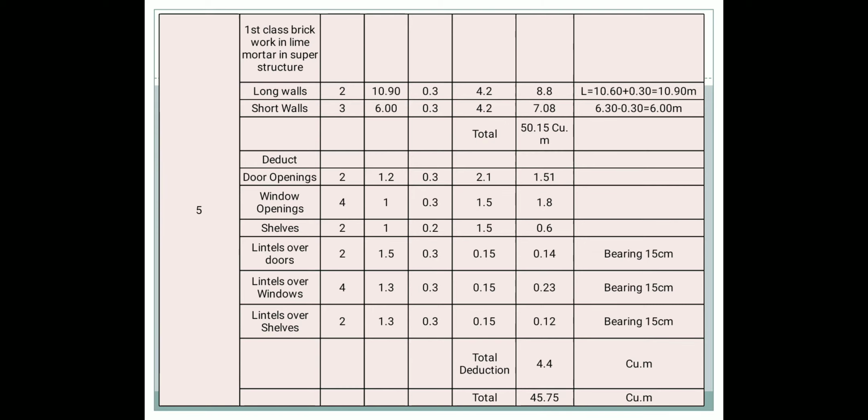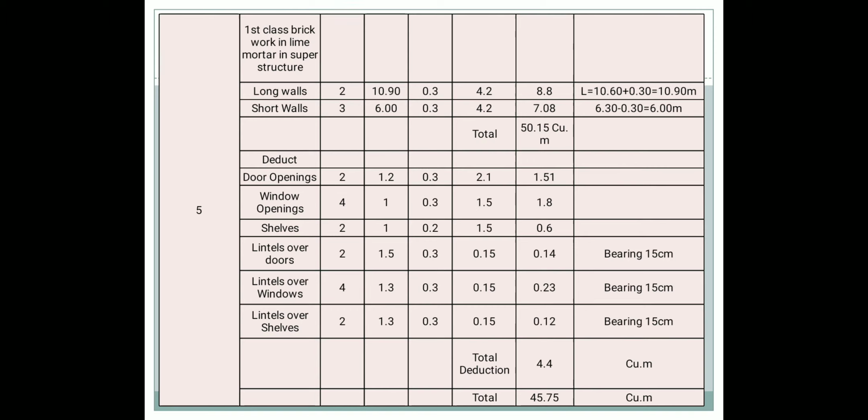Deduct the door openings. It is 2, 1.2, 0.3, 2.1, 1.51. Window openings it is 4, 1.3, 1.5, 1.8. Shelves it is 2, 1.2, 1.5, 0.6. For the lintels over doors, windows and shelves, the bearing is 15 centimeter, and for the lintels over doors it is 2, 1.5, 0.3, 0.15, that is 0.14.